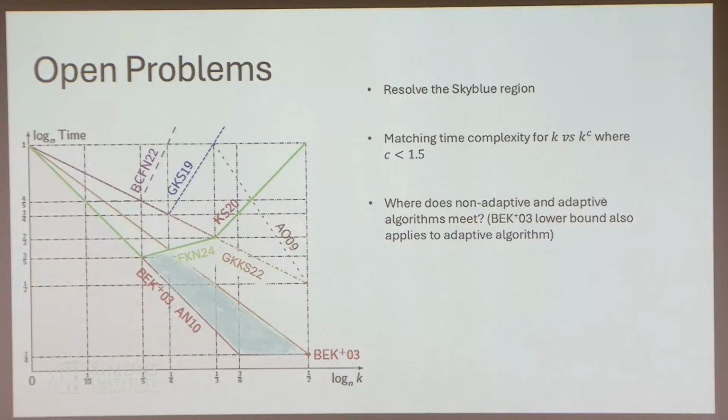So to understand whether this polynomial dependency on k is really required and where these adaptive and non-adaptive algorithms meet are the main questions. And there are some questions about time complexity versus query complexity as well. But I think the most interesting is really to resolve that sky blue region.